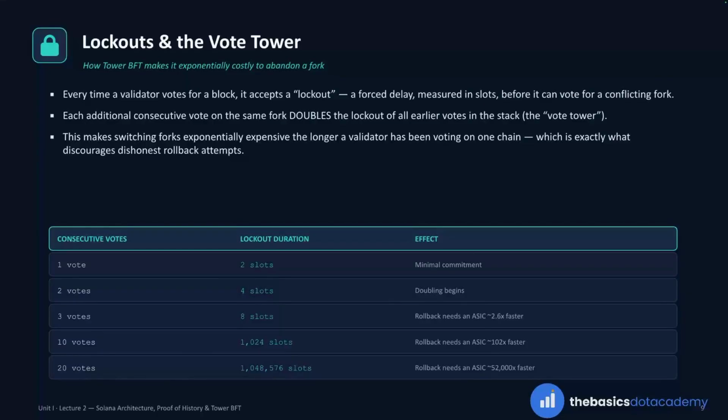Validator 1 has voted for fork 1. So by default, validator 1 is now locked out for 2 slots. 1 slot is equal to 0.4 seconds on the Solana blockchain. Each additional consecutive vote on the same fork doubles the lockout of all earlier votes in the stack, which becomes the vote tower.